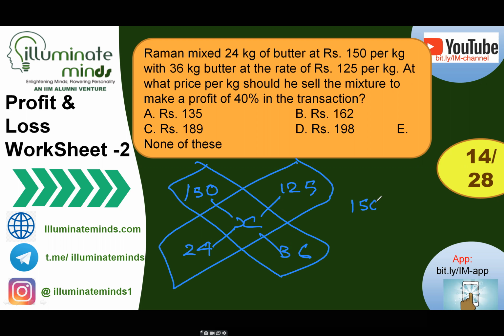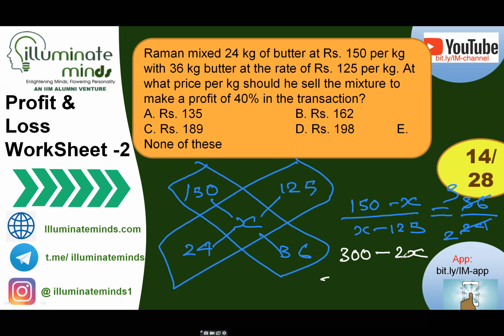So 150 minus x, 36, x minus 125, 24. That's how we'll calculate. 3 is to 2. That takes my total to 300 minus 2x is equal to 3x minus 375. That makes 675 divided by 5 is equal to x.